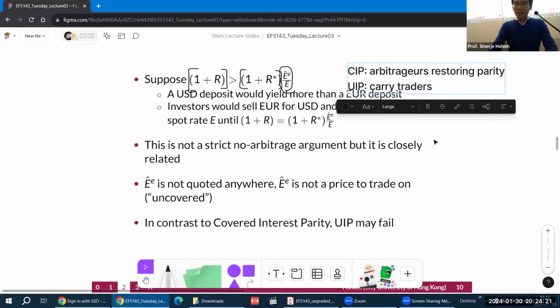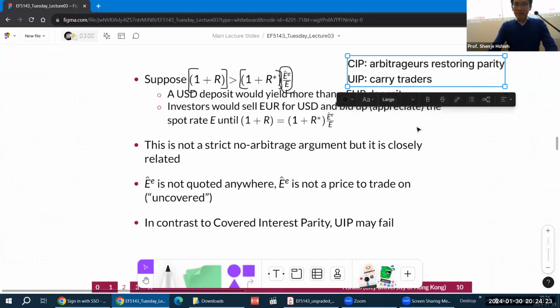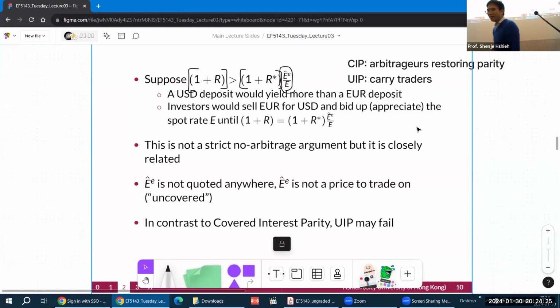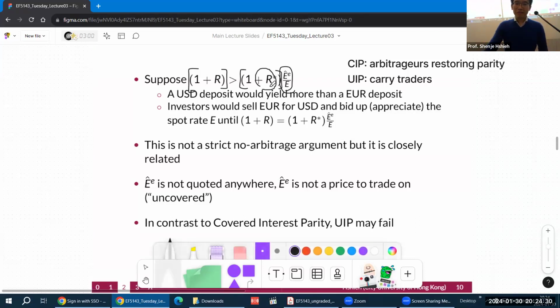So what does that mean? You have carry traders coming in, borrowing at the foreign interest rate, converting what you borrowed to domestic currency, and lending out at 1 plus R, and that's it. No forward contract.